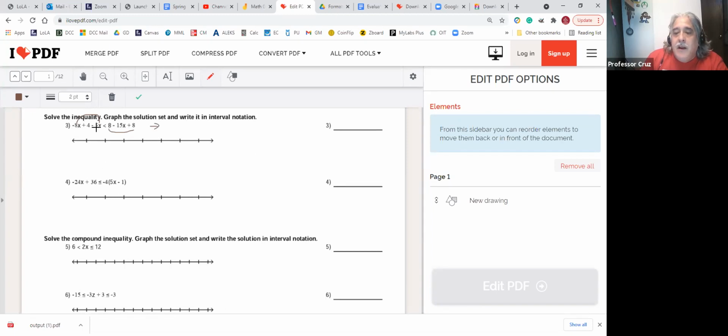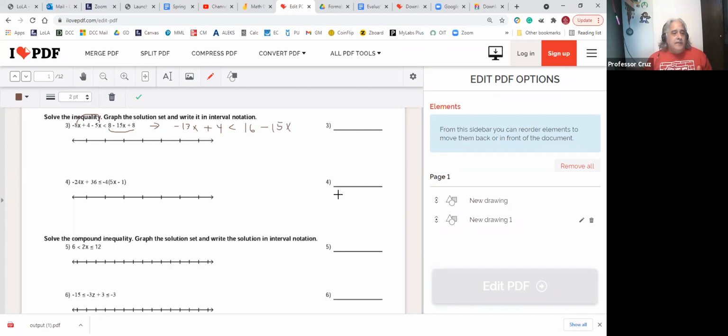So negative 8x and negative 5x is negative 13x. And then there's a plus 4. And then we got 8 plus 8, so that's 16, minus 15x.